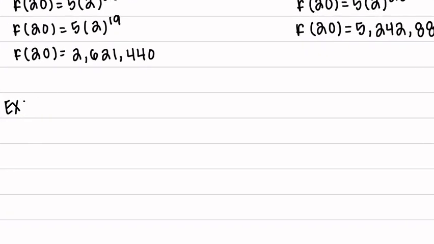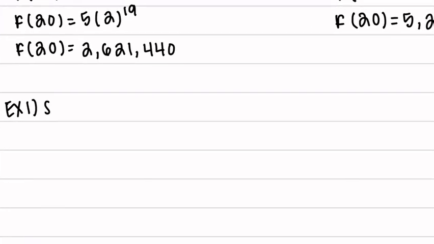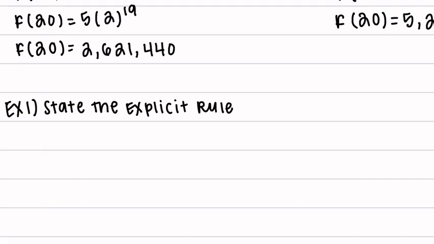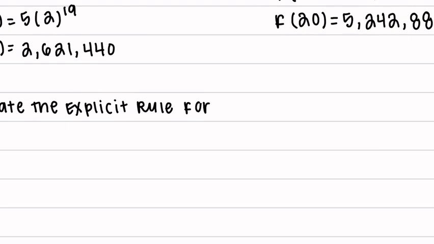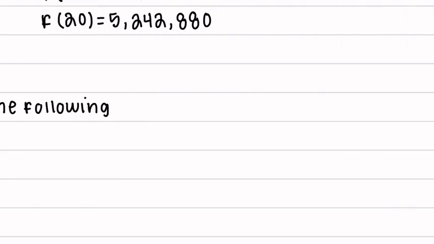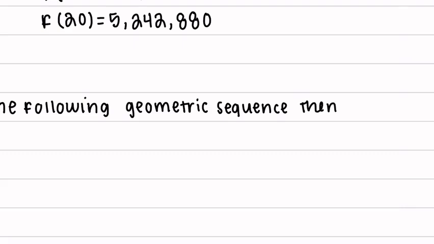Example 1: State the explicit rule for the following geometric sequence, then find f of 7.